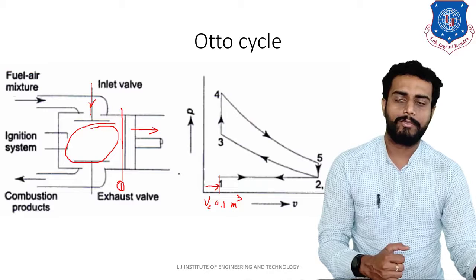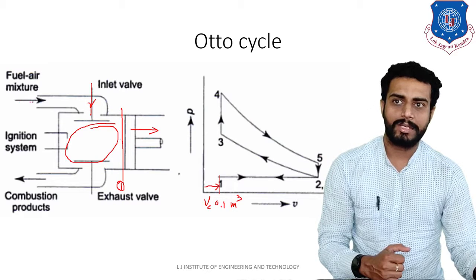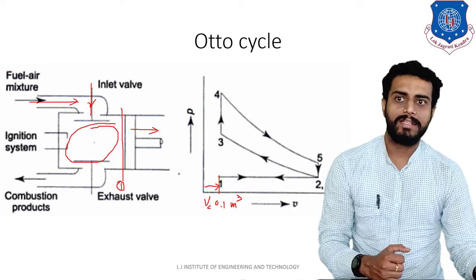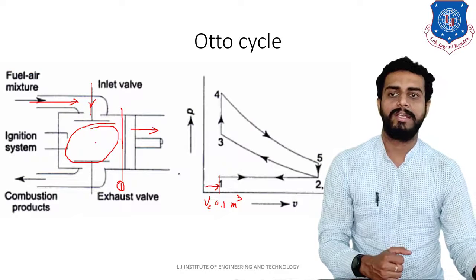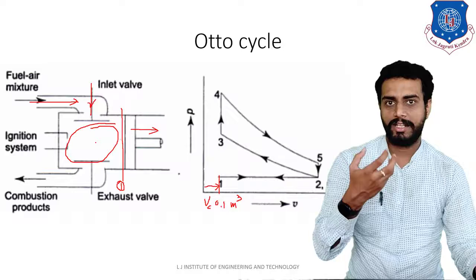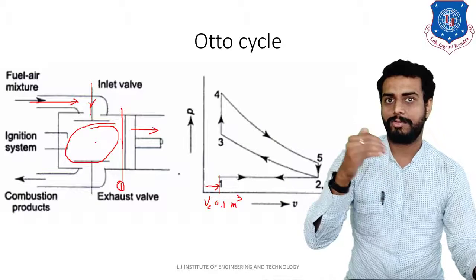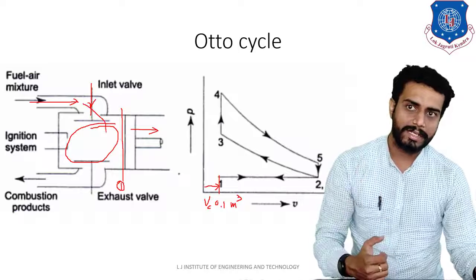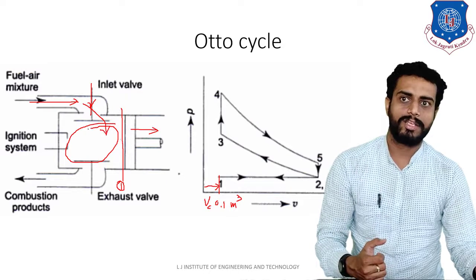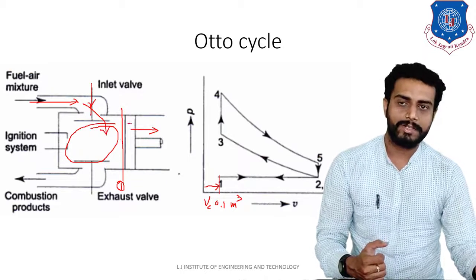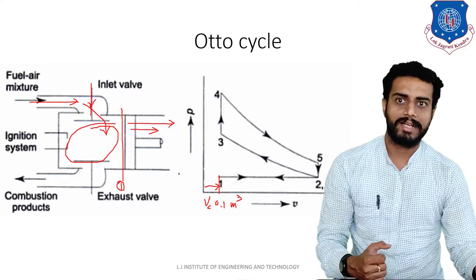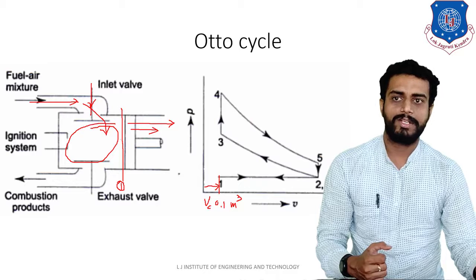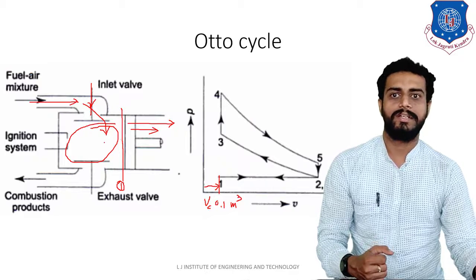The fuel air mixture in the pipeline has higher pressure than the pressure inside the cylinder cavity, and you know that fluid always flows from high pressure to low pressure. That is why the fluid will enter this cavity. As soon as you open the inlet valve and the piston travels towards the right hand side, or outer dead center, the fuel air mixture starts entering the cylinder cavity.